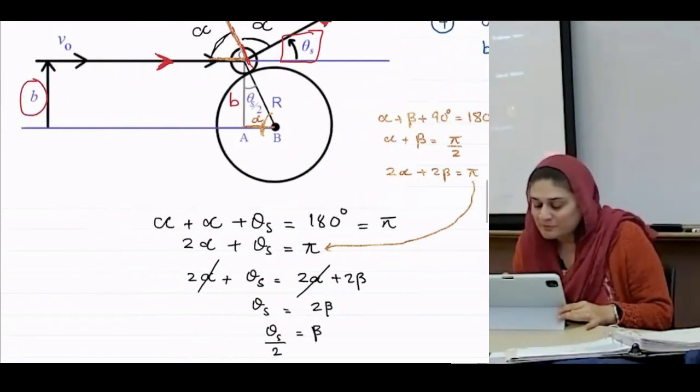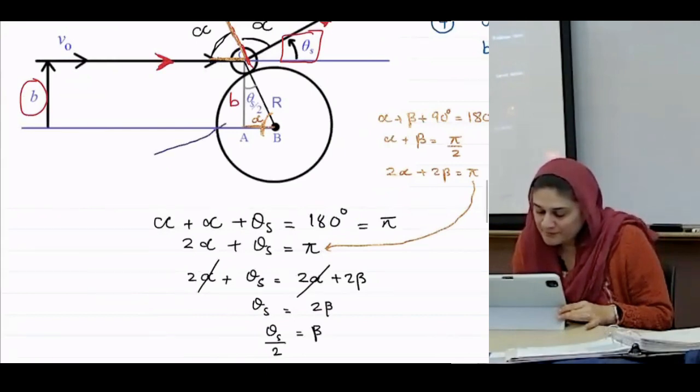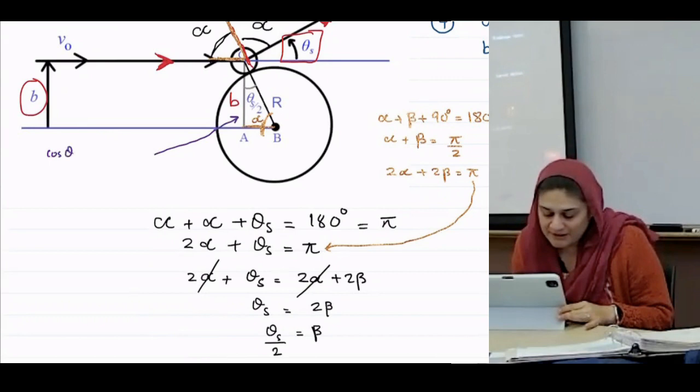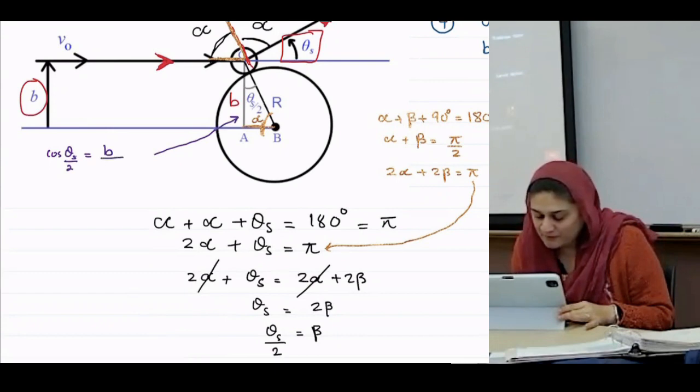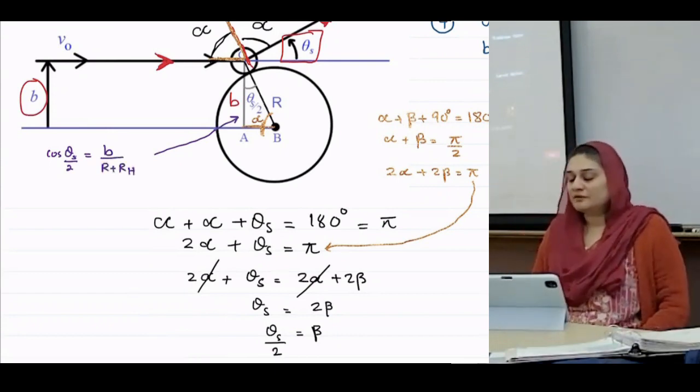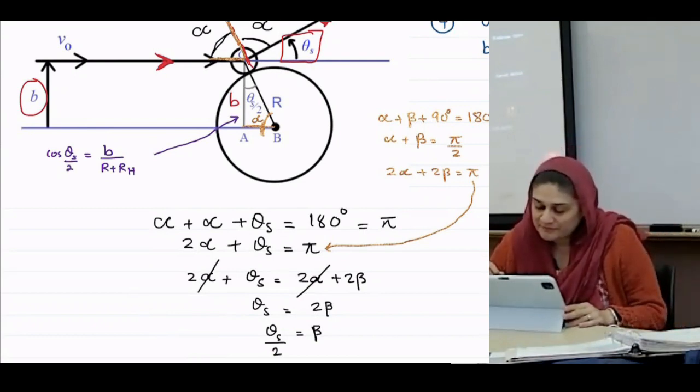So then may I write from here cosine of theta s over 2 equals b over r plus rh from this triangle in here.